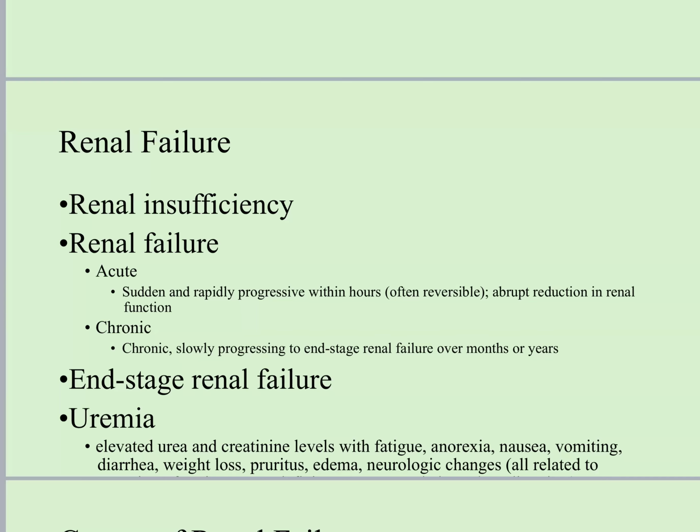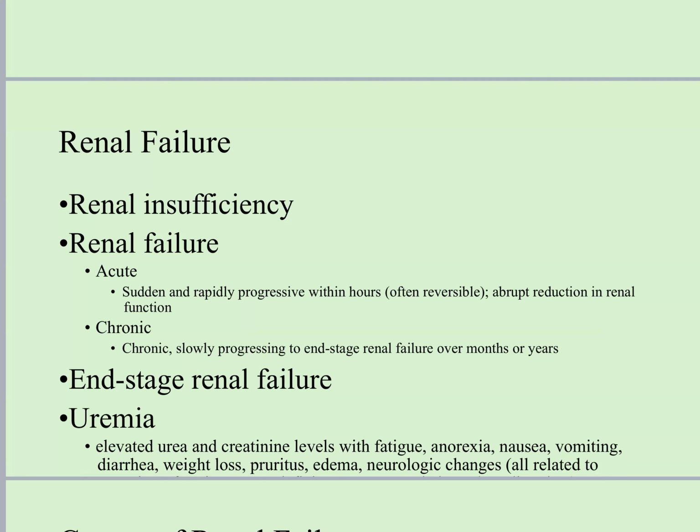Chronic is more your person who has several comorbidities, like really poorly managed diabetes, because that puts a huge burden on the kidneys to have to filter out excess sugar constantly. And eventually the kidneys are just going to get fed up and they're going to fail. But it takes years.